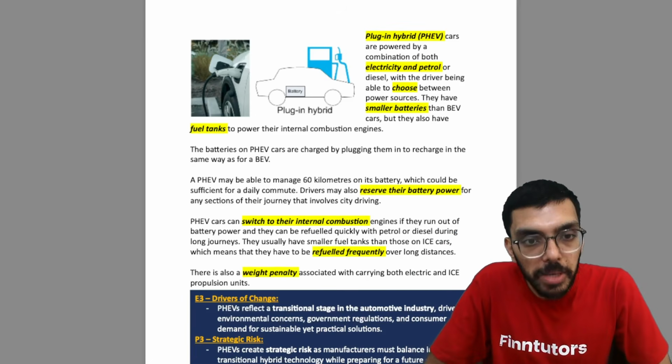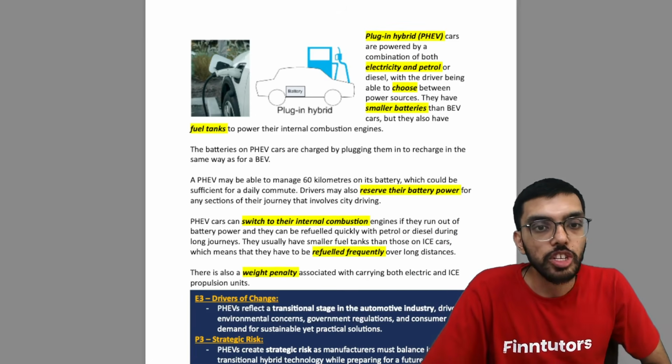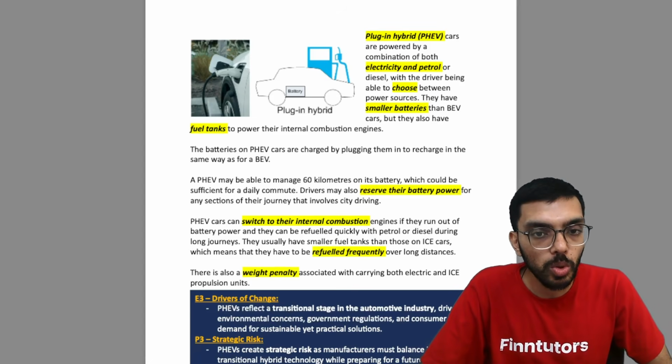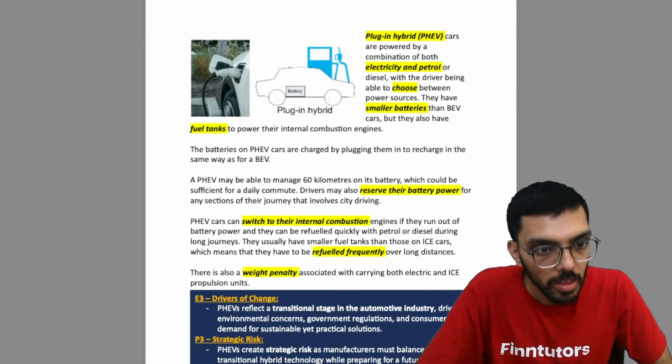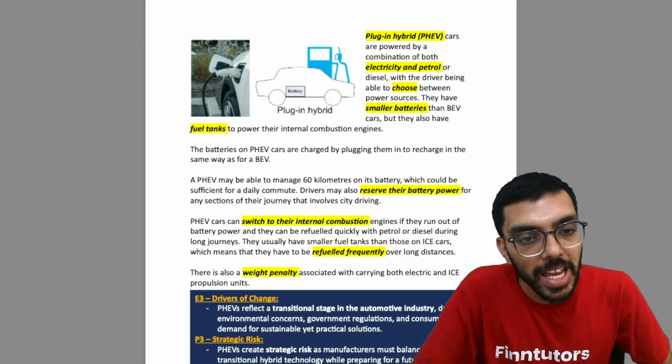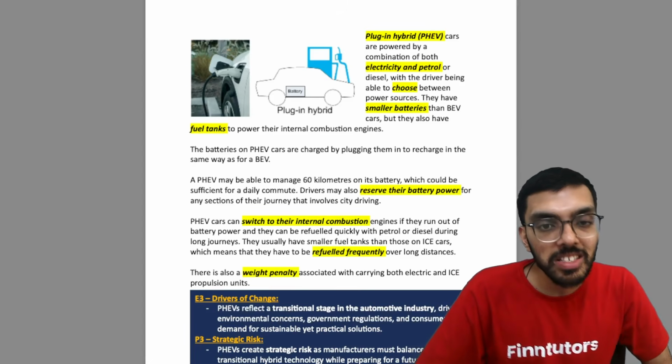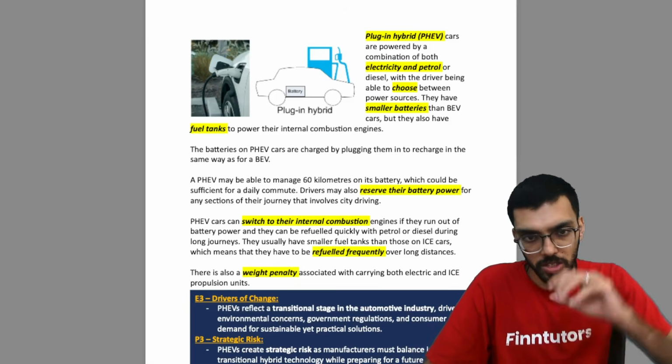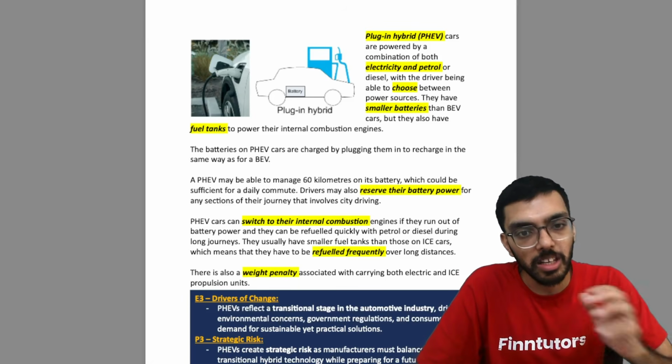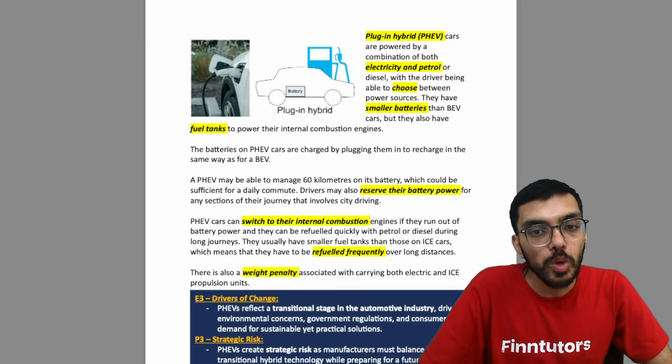The batteries on PHEV cars are charged by plugging them in, the same way. A PHEV may be able to manage 60 kilometers on its battery, which is sufficient for a daily city commute. And drivers may also reserve their battery power for any sections of their journey that involve city driving.